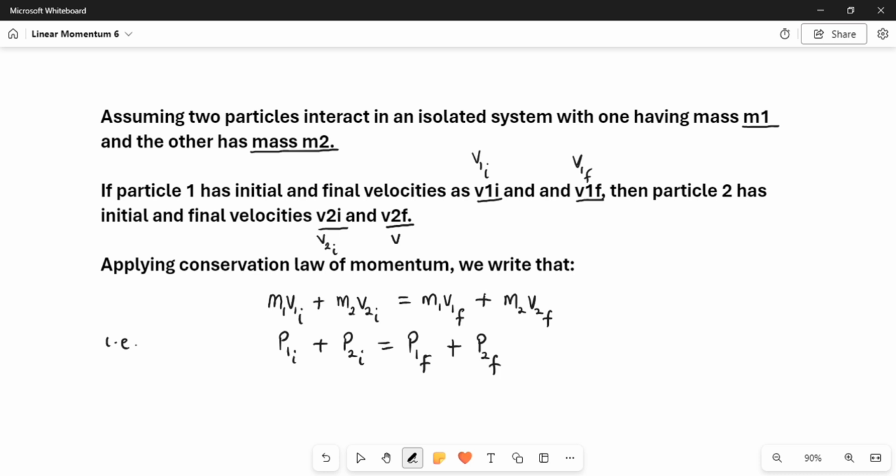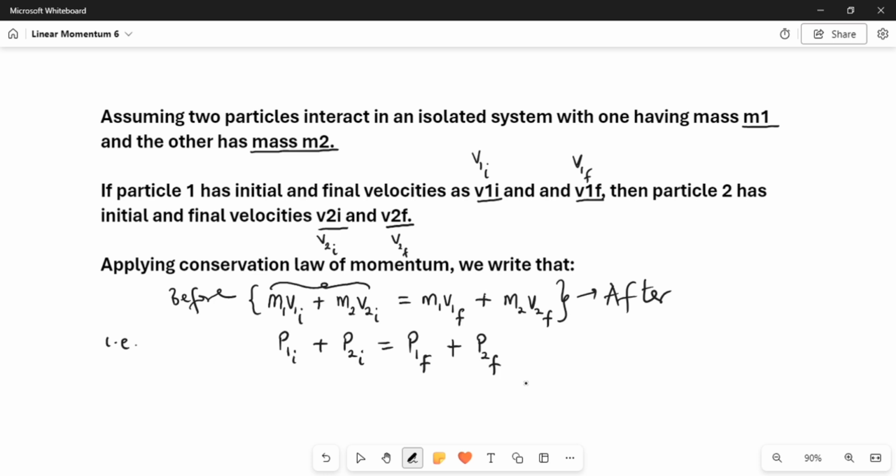So we have v2f. If we want to apply the law of conservation of linear momentum to these two objects, we will say that the momentum before collision, which is this is before, and this is after collision.